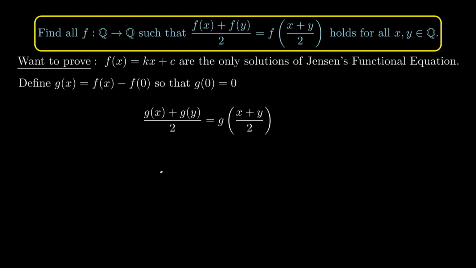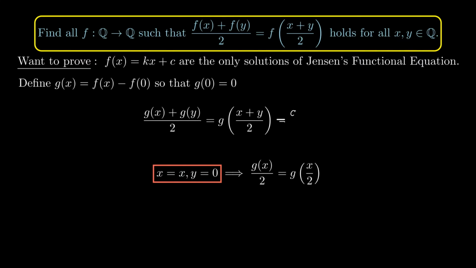And this is important because now I can set y equal to 0 and x to be a free variable. Notice that as g(0) = 0, g(x)/2 is equal to g(x/2) for all rational numbers x. We can use this property to actually replace the expression g((x+y)/2) with g(x+y)/2. So it has an effect like pulling out the factor of 1/2.